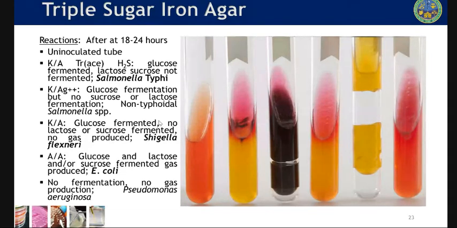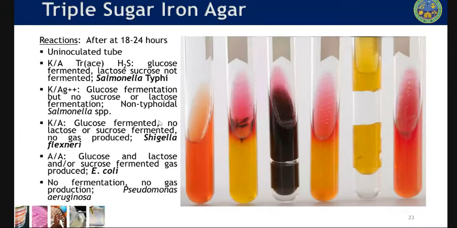Okay, so you have K over A for the second tube with trace or very scanty production of black precipitate. This is typical of Salmonella typhi. And then for others, for example, K over A with gas production and a large, increased production of H2S precipitate.